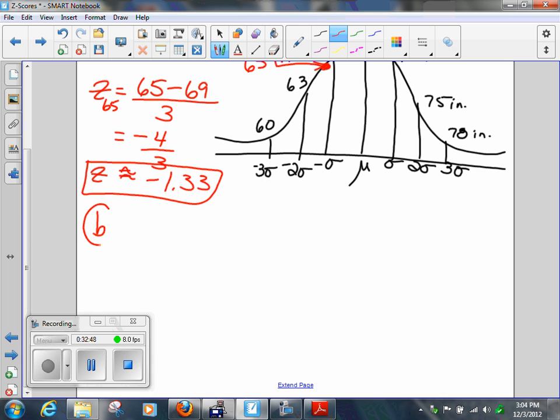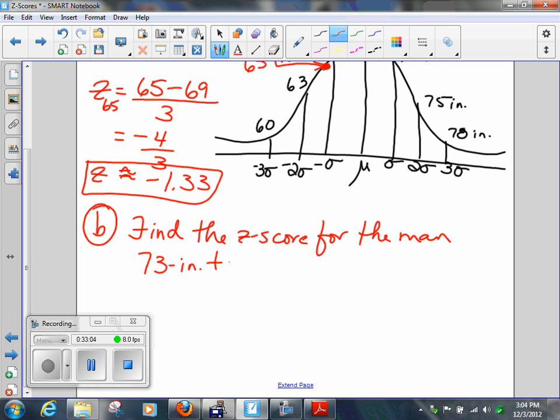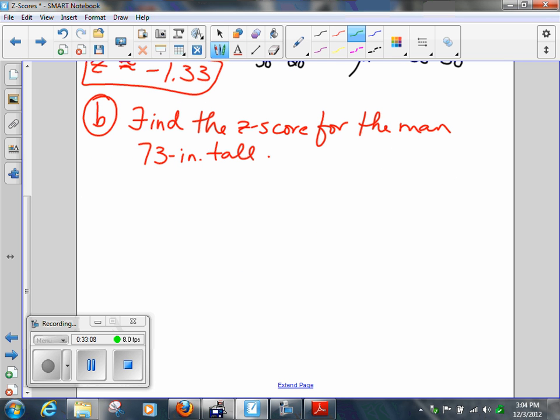Here's the second part to this problem. Find the Z-score for the man 73 inches tall. Same thing.